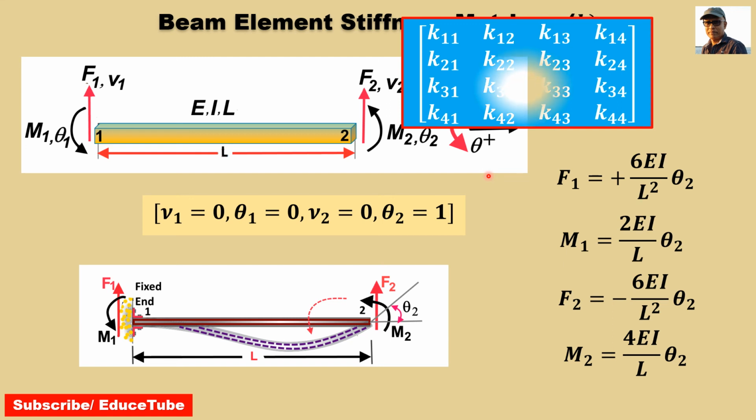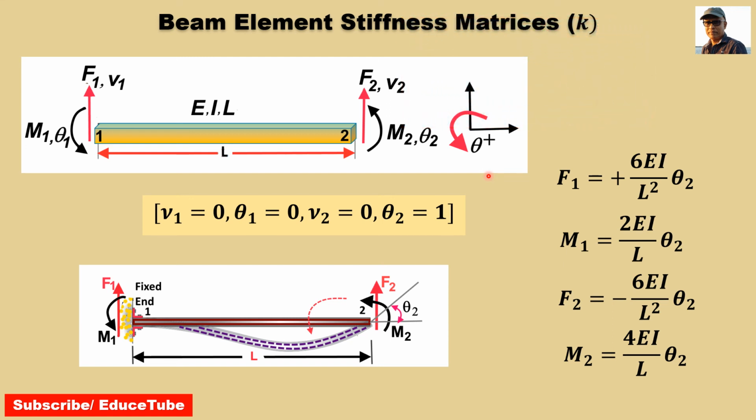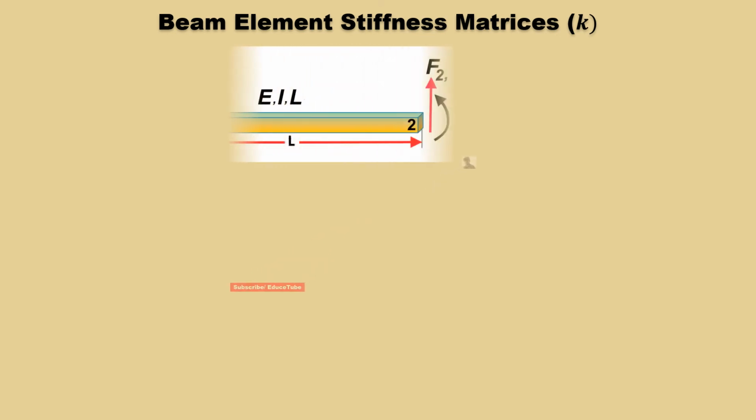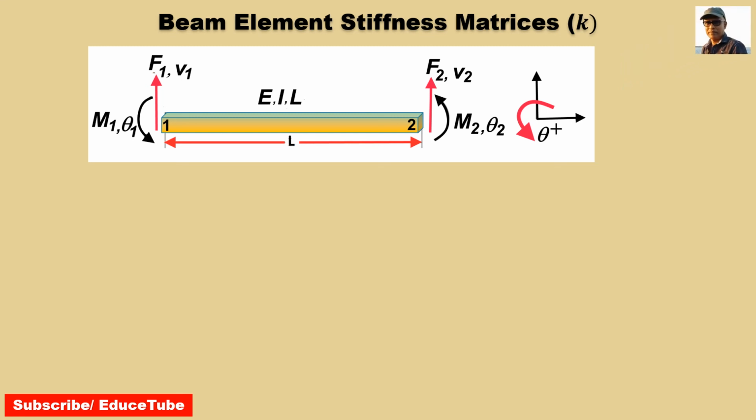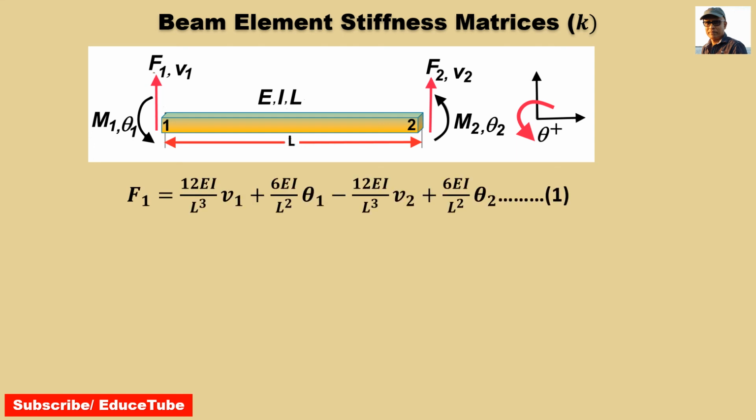Now let's see how we can arrange this. All these terms, totally we got 16 terms. Now these 16 terms we can write as equations. How? Look, F1 equal to, we can write this equation.